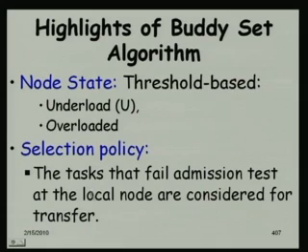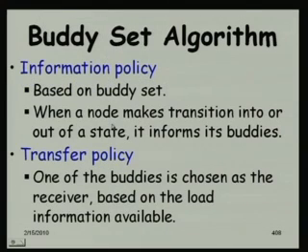A task on arrival is checked to see whether it can be handled locally, otherwise it checks the information about the buddy nodes, the buddy set, which are underloaded nodes, and tries to transfer the task. The information exchange policy is based on the buddy set, and the buddies are informed only when there is a change in the status of the node.